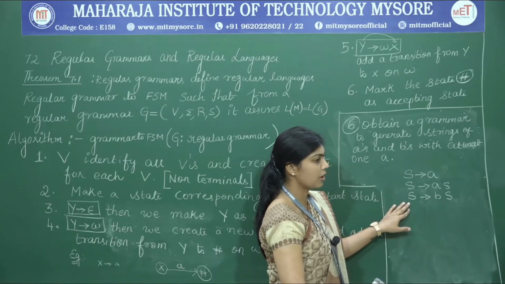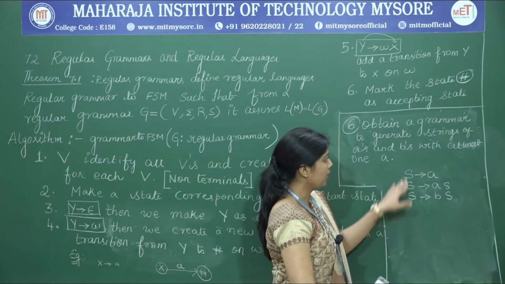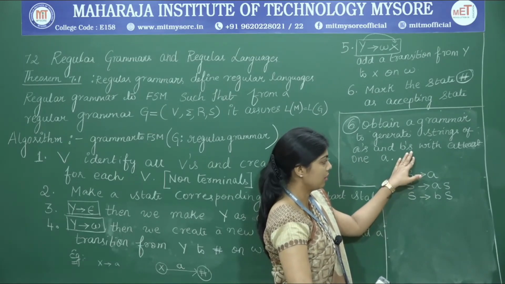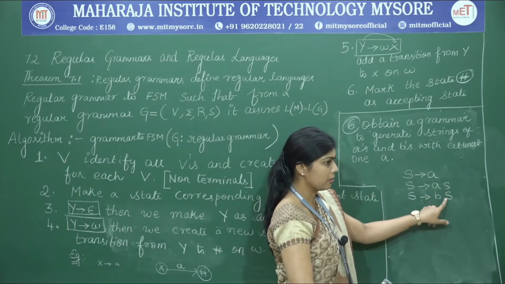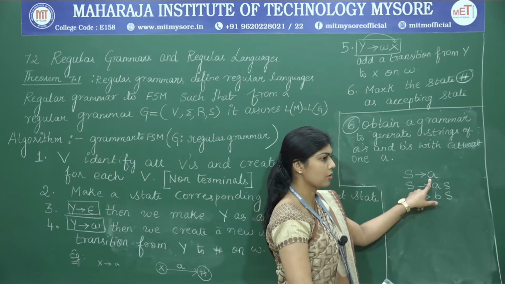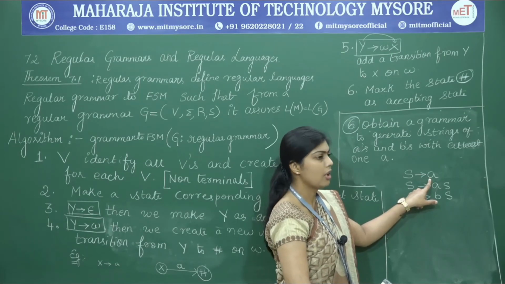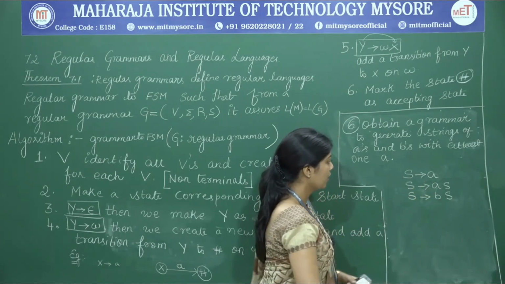These are the productions that we are going to write for the grammar statement. These two are producing any number of A's and B's, but this one always makes sure that there is at least one A.